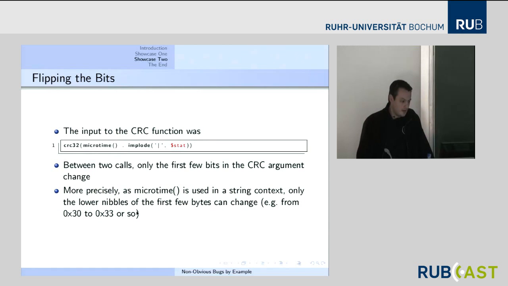So now we need to dig a bit deeper into how we can actually do it. The input of the CRC function that they used was this one here. So they took microtime, and they took the output of the stat function. For those of you who don't know, stat returns information about files in the file system.